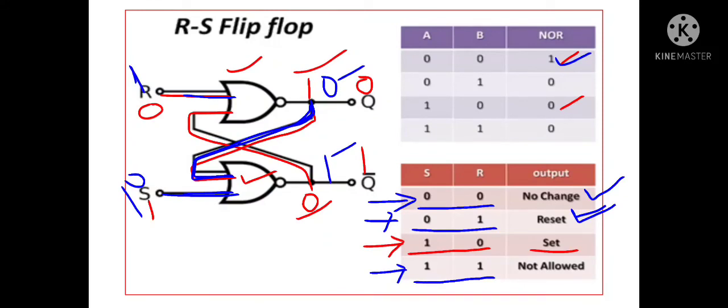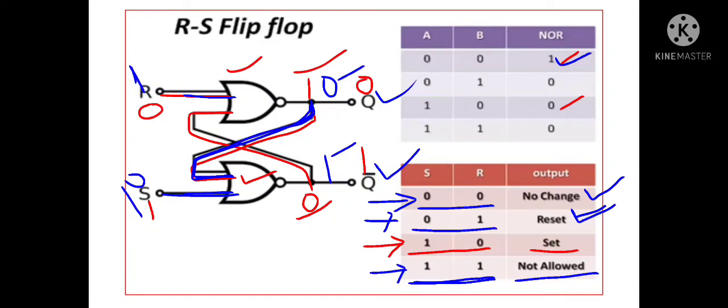That means reset and set, both inputs are going to connect to logic 1, and of course this particular condition is going to violate the basic definition of this flip-flop. That means both outputs, Q and its complement, are going to become an uncertain state, and that's why this uncertain state is not allowed in case of flip-flops.